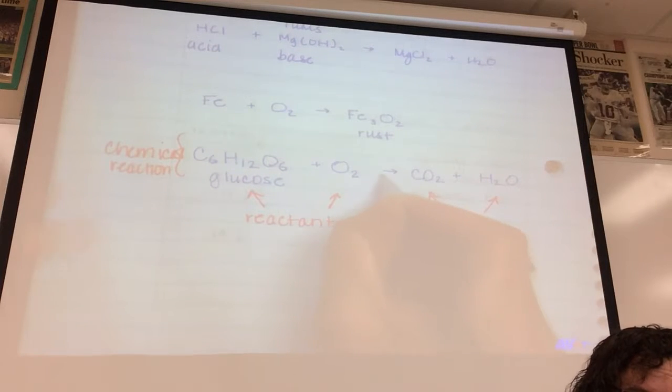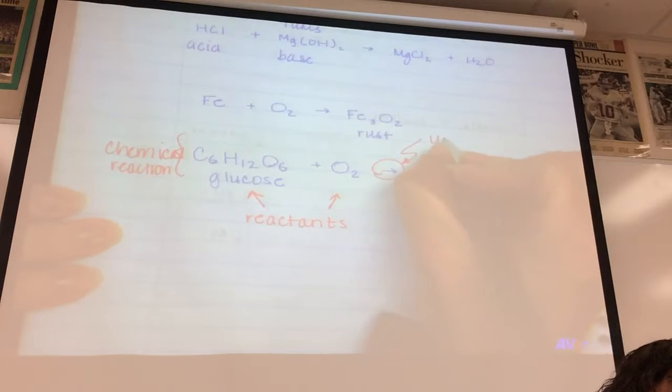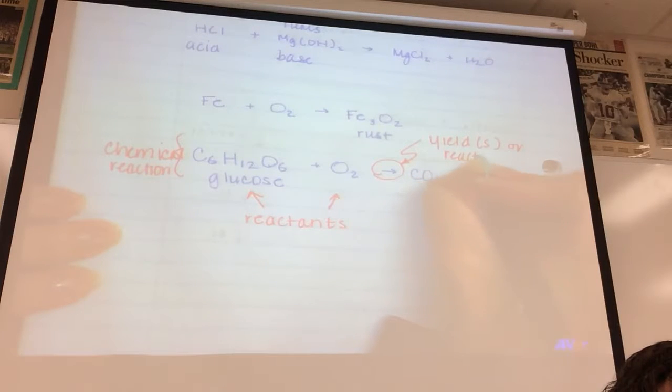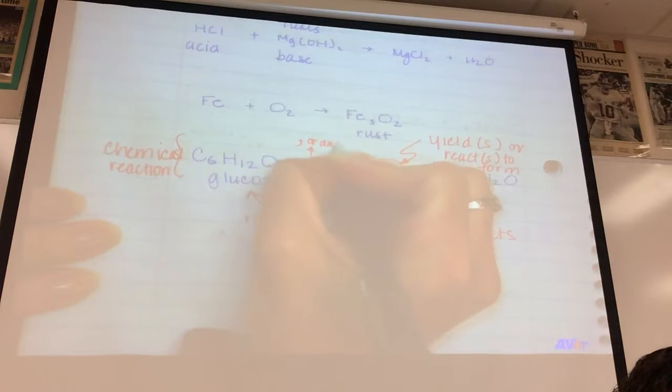The arrow here indicates yield or yields or reacts to form. The plus sign indicates a comma or and.